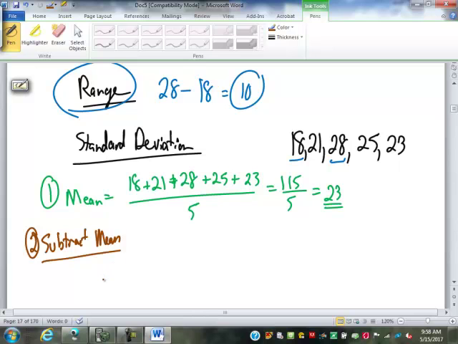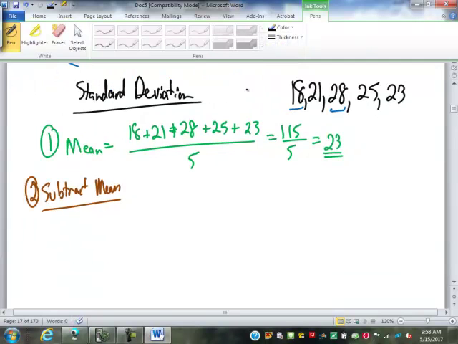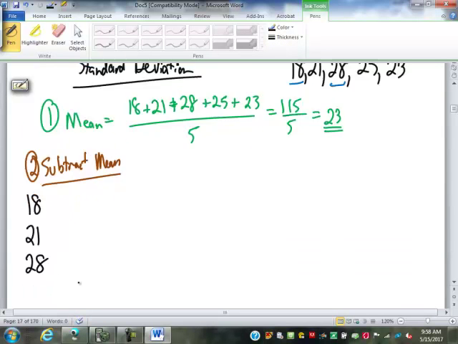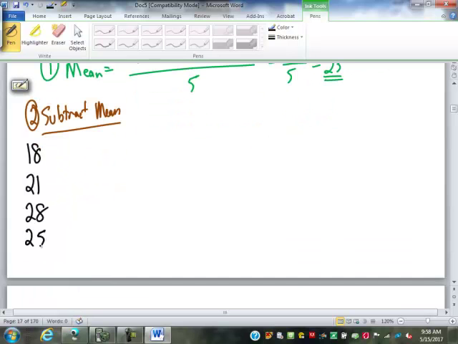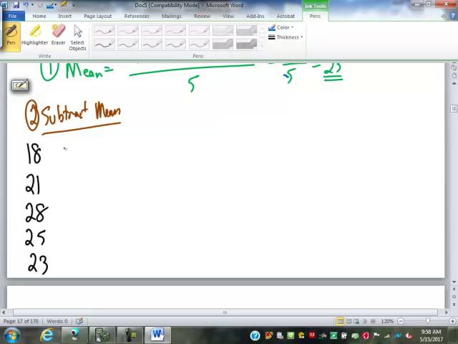Step 2 is to subtract the mean from each number. So I have my 18, 21, 28, 25, and 23. And I am going to subtract my mean of 23 from each.